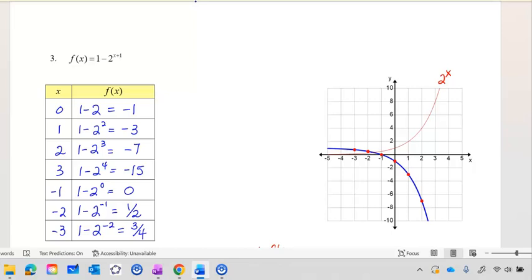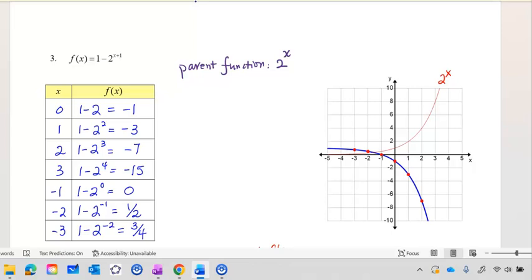Again, we can plug in some points, and also we can use the parent base function of 2 to the x power, using the transformation of functions to get my graph.